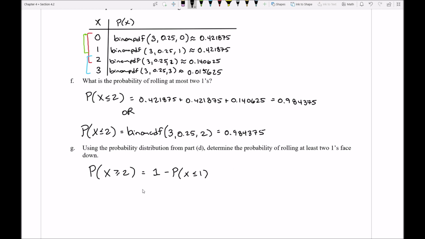Well, that would be the same thing as specifying that I want to do 1 minus a binom CDF, where n is 3, p is 0.25, and can you think where would I need to stop this CDF so that way I grab all the green numbers? Yeah, I'd have to stop at 1. So if I was to do this, the binom CDF will get me the green probabilities, and then I'll take that off of the total, and I'll be left with the blue. So let's see what this would turn into.